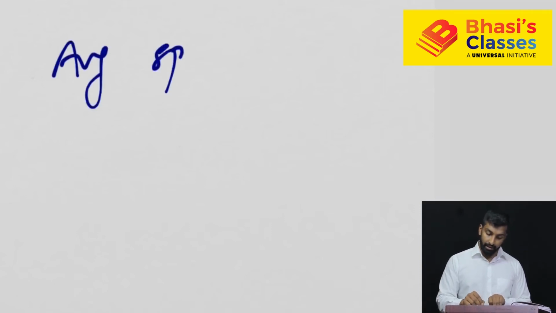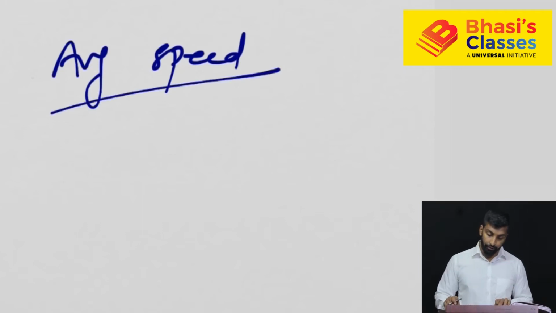What is harmonic progression? I will discuss that in detail when it comes to speed distance time. Harmonic mean concepts and applications we will discuss in speed distance time, because you will see questions like average speed. There, in different situations, you will use 2 different aspects.